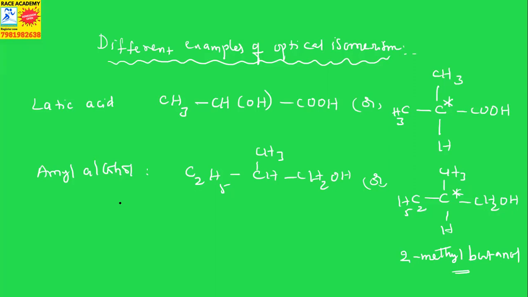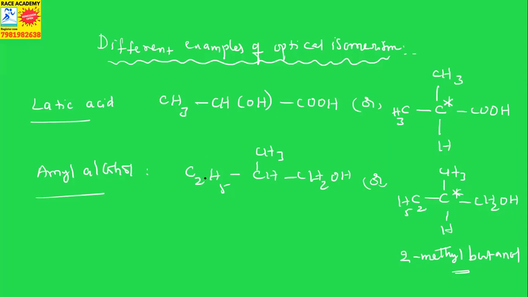So all these substances are said to exist in two forms, as we observed, whether it is lactic acid or amyl alcohol. These optically active compounds exist in two forms, as they rotate the plane polarized light towards the left or towards the right.